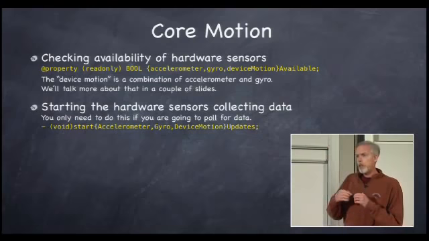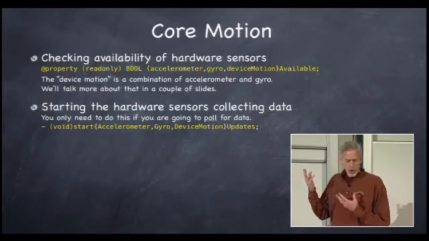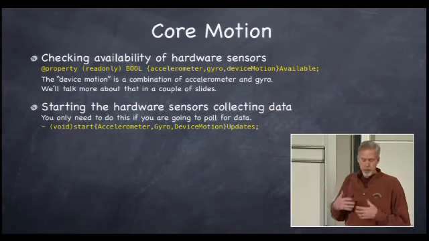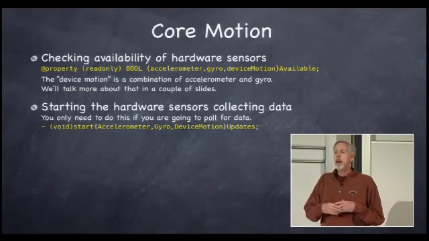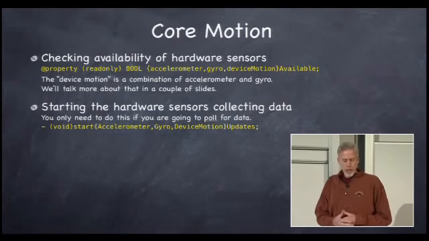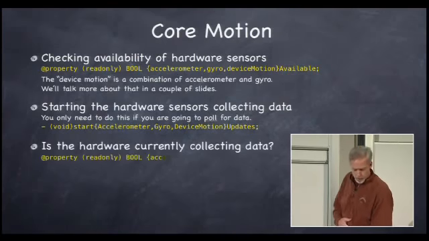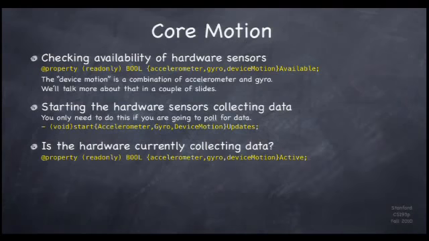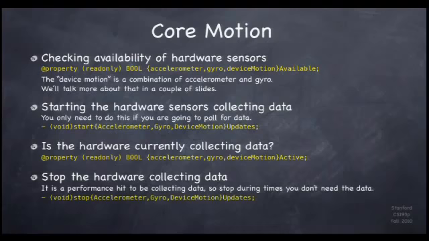So if you're just going to start the thing going and poll, you call start accelerometer updates or start gyro updates, and then it'll start collecting that information, and you can find out whether it's doing that with accelerometer active or gyro active. And then when you're done collecting samples, you want to make sure you stop it, because you don't want the OS unnecessarily collecting all this data when you're not actually doing anything.